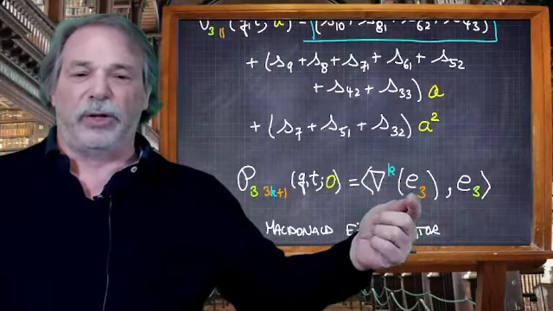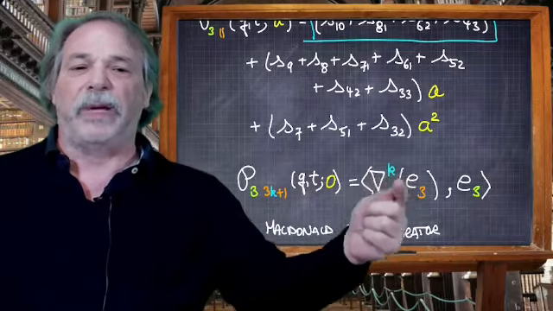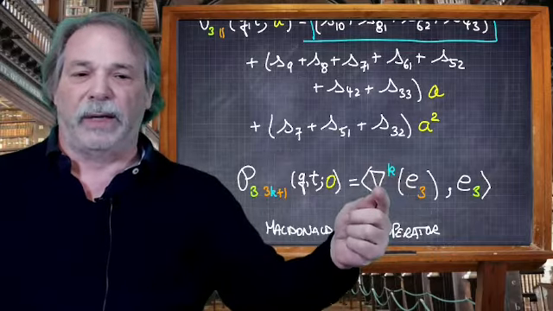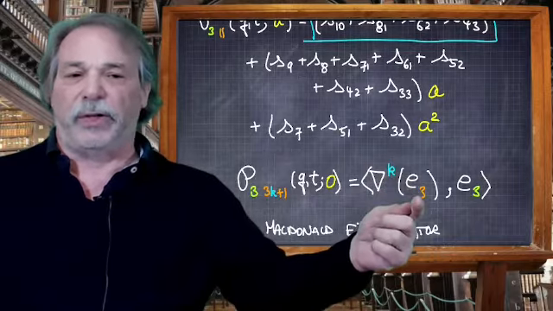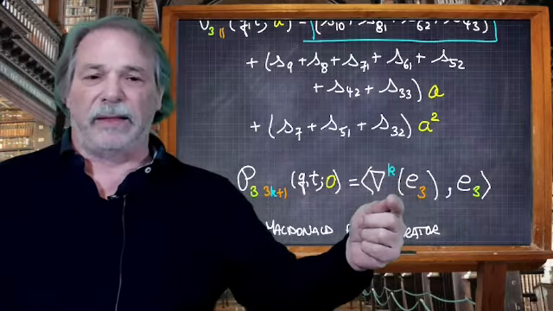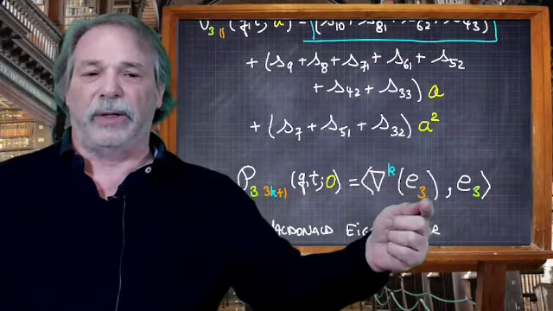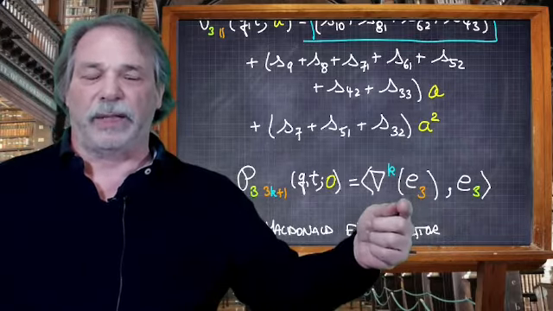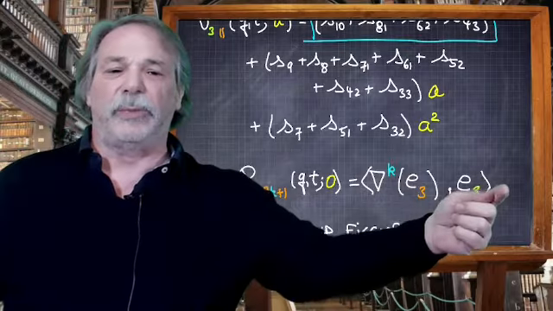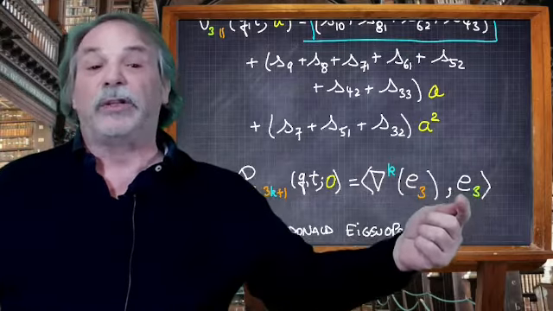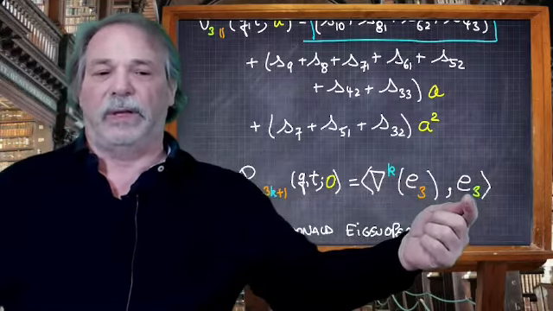The Q and T appear because of this operator. E3 doesn't have Q and T in it. And then after applying the operator, you get a combination of symmetric functions, and you take the scalar product. That means take the coefficient of E3 in this.